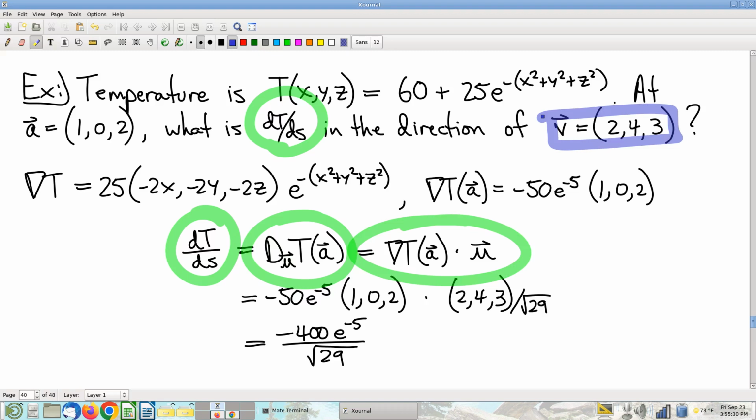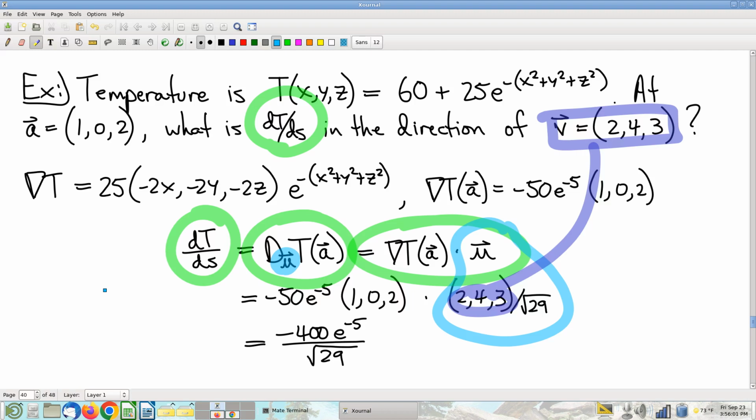This vector here, in order to give me the corresponding unit vector, I've got to take that vector and divide it by its own magnitude, as you see I have on the right there. So don't forget to make your vector a unit vector. Again, you have to if you want to use the term directional derivative and all the goodies that come along with it. You've got to make that a unit vector.